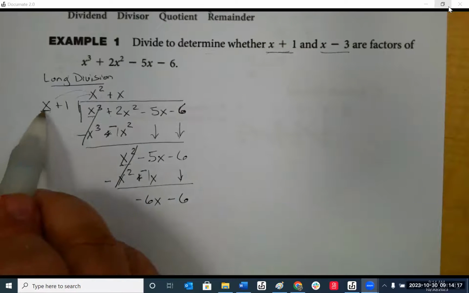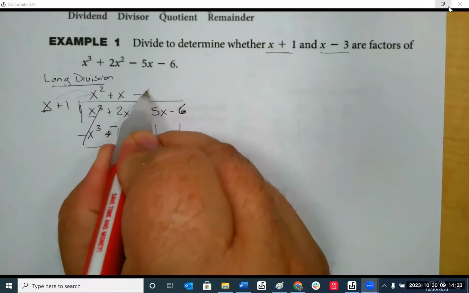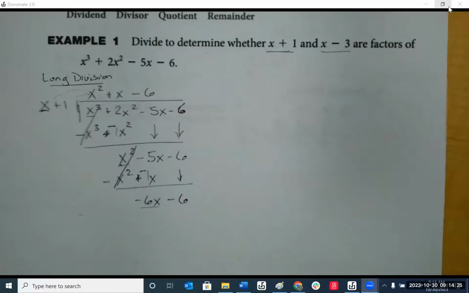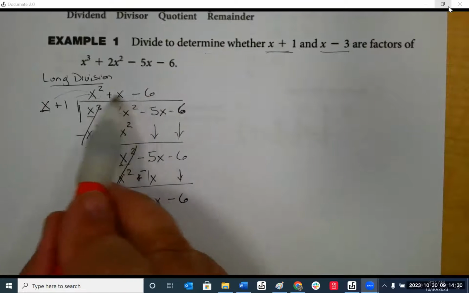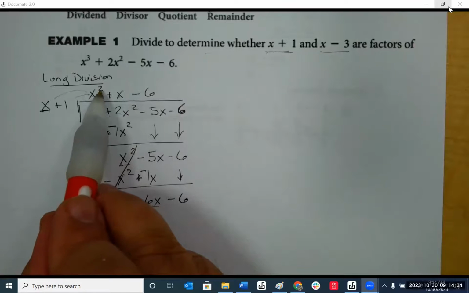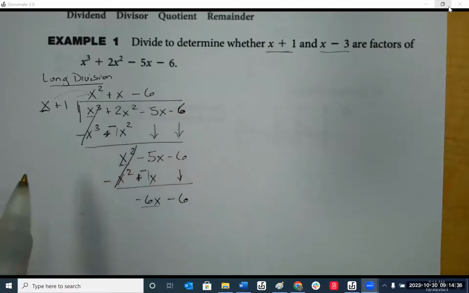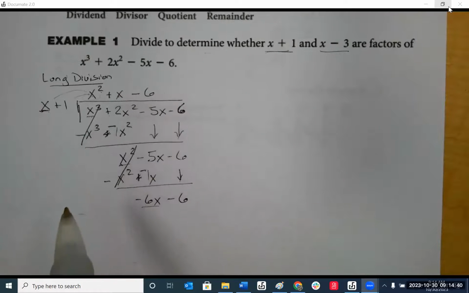What times x gives me negative 6x? A -6. You notice how on the quotient part up here, the answer part, it always starts off with the highest exponent and it goes down. X squared, x to the first, no more x's.